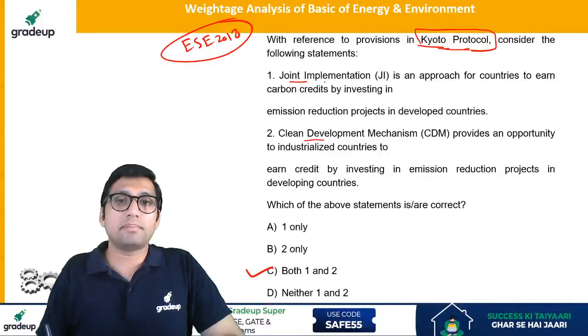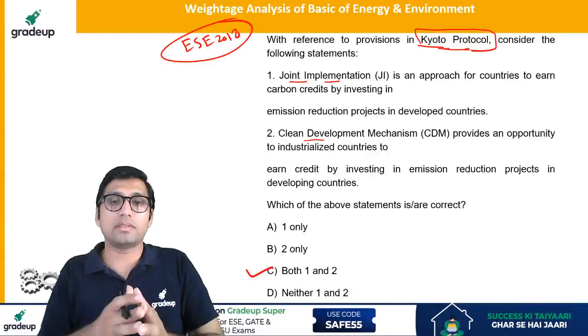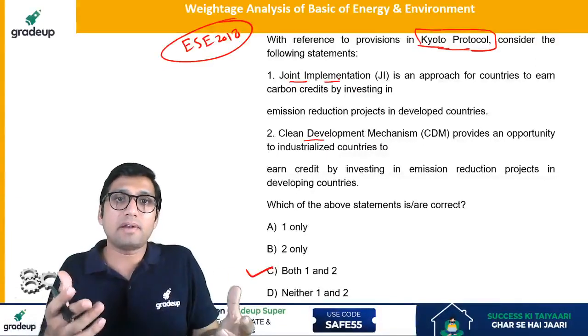So in joint implementation, basically they give a quota limit to different countries.